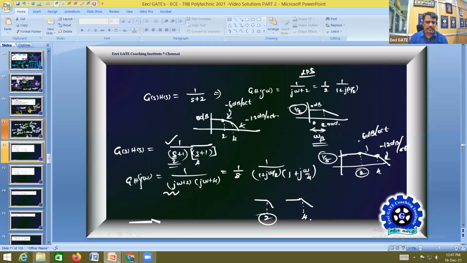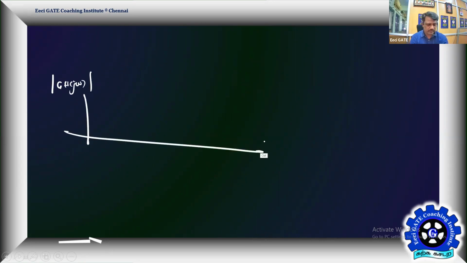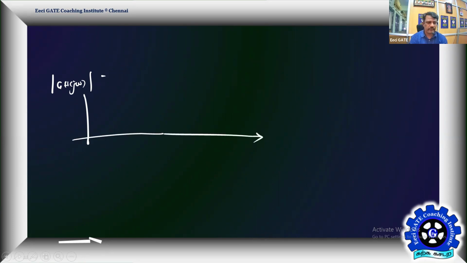If you go for the actual version, modulus of G H of j omega, if you plot this with respect to omega, this will be 1 by root of (1 + (omega by 2)^2) into root of (1 + (omega by 4)^2).